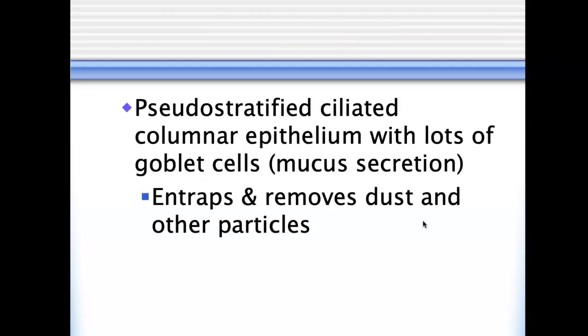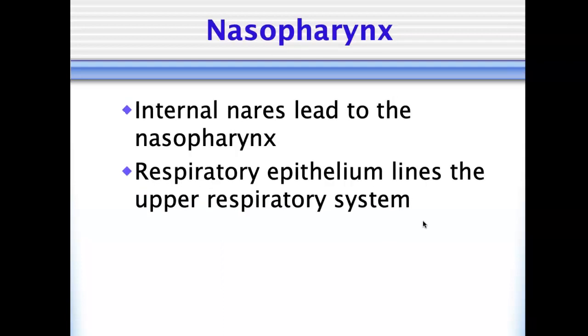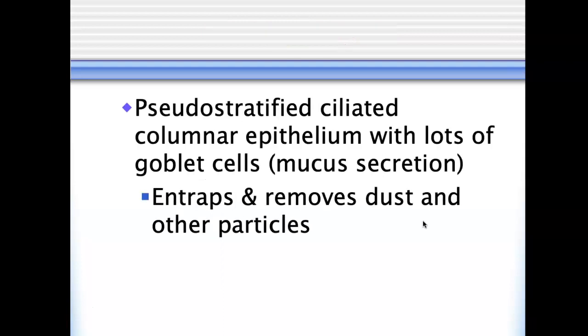There is respiratory epithelium that lines the upper respiratory system, and it is full of little cilia, and that ciliation can trap dust particles that are coming in, and you can sneeze them out, cough things out, and remove some of those particles that enter when you breathe. So the respiratory epithelium is important. The name of it is pseudostratified because it looks like it's 2 layers, but it's not really.